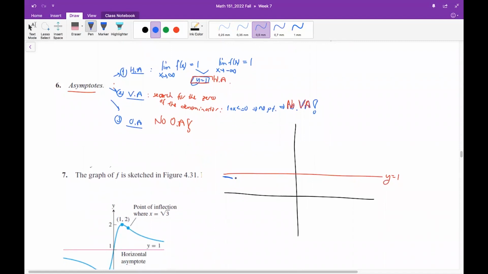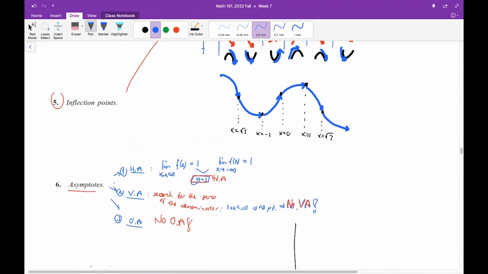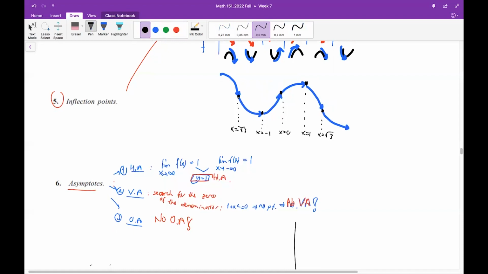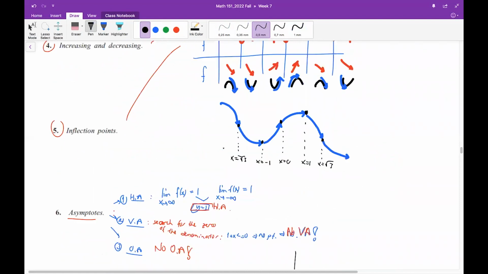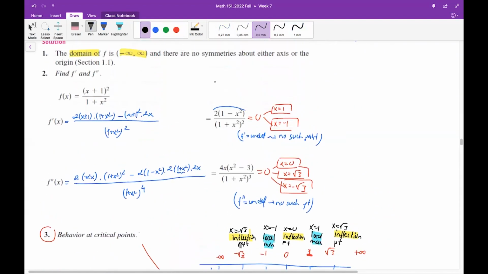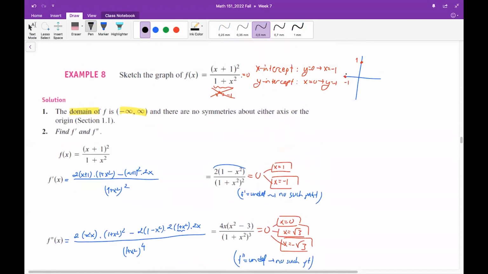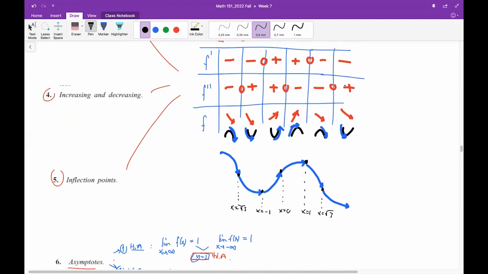So you start drawing your graph from here, and you see till the point x equals minus square root 3. Okay, this is minus square root 3. You will decrease your function like this. Okay, let's draw it. And you also know the intercept information of your graph. Your graph will pass through this point, x equals -1.